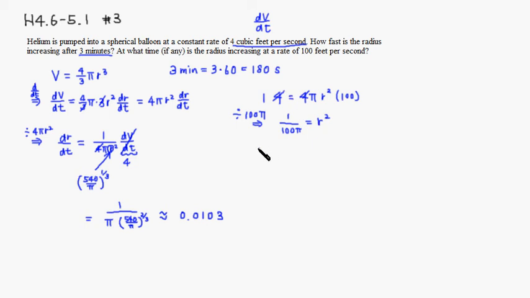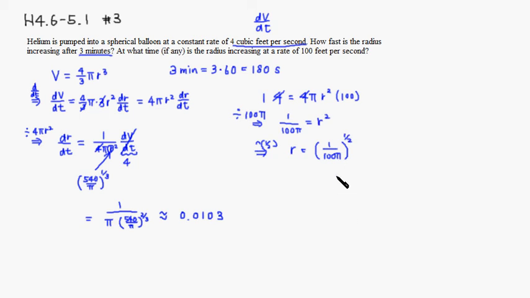Then take the square root, so raise it to the 1/2 power, we get r. So r is going to be 1 over 100 pi to the 1/2 power.